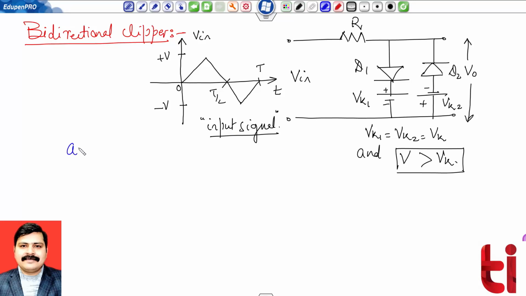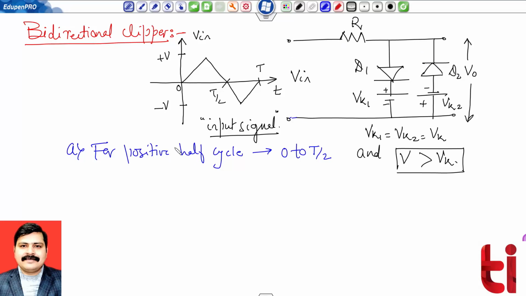We will divide the working into two half cycles. So let's start with the case of the positive half cycle. In the positive half cycle, meaning 0 to T by 2, you can clearly see the upper terminal is positive with respect to the lower terminal. For diodes D1 and D2, the cathode of diode D2 is connected to the positive terminal.